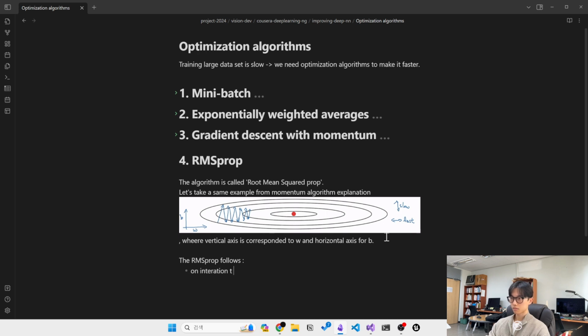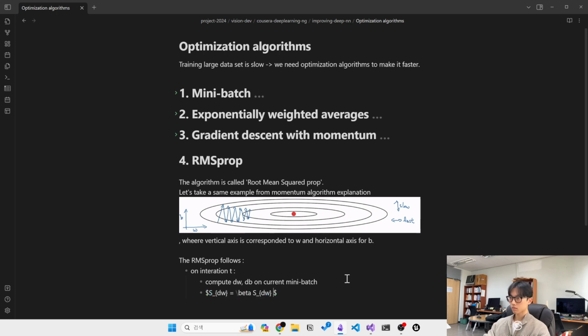So I'm going to keep this exponentially weighted average. Instead of VdW, I'm going to use new notation SdW. So SdW is equal to beta times the previous value plus 1 minus beta times dW squared.